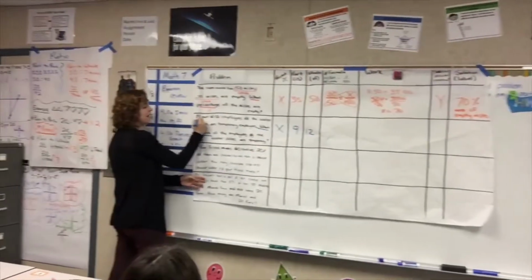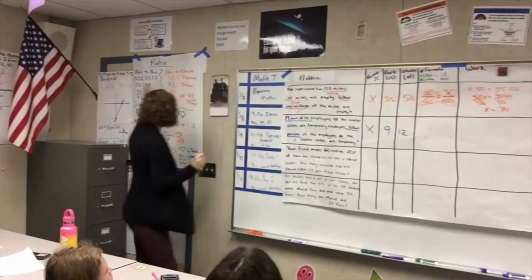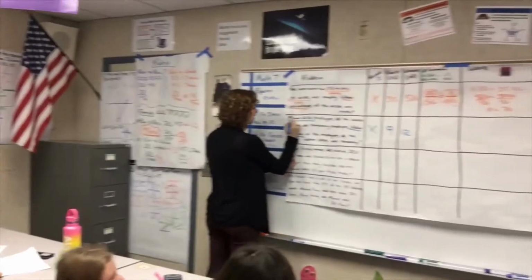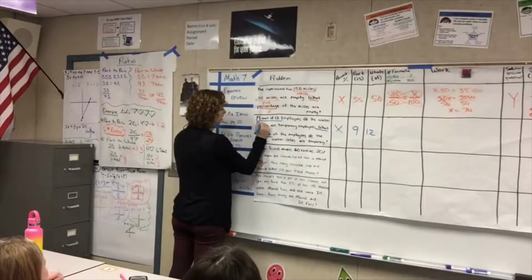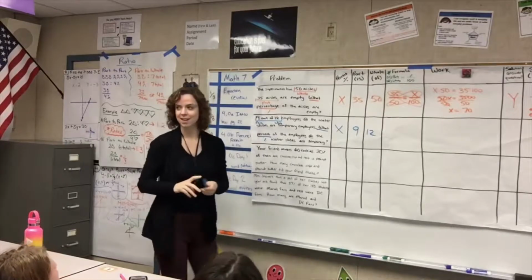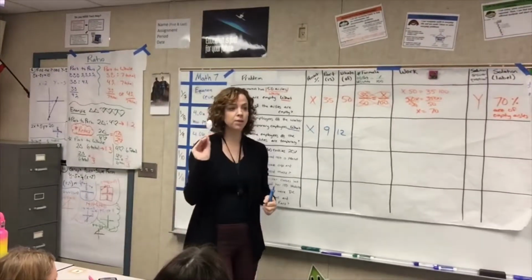Right up here, it tells you the part out of the whole. So it's telling you the ratio, part to whole, right there in the sentence. So we have part to whole. Well done.